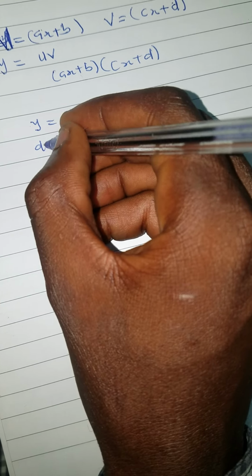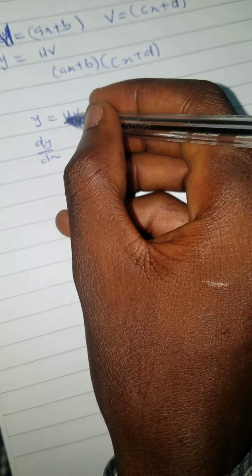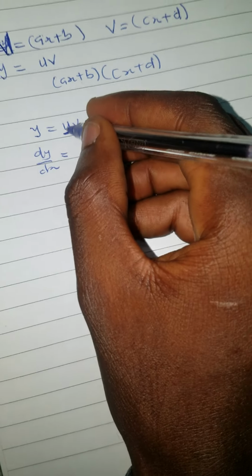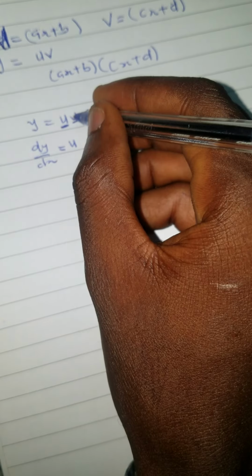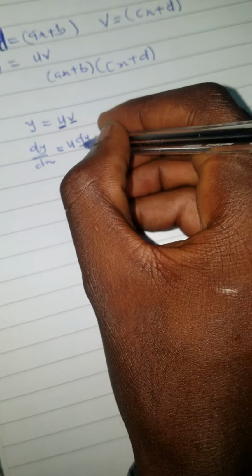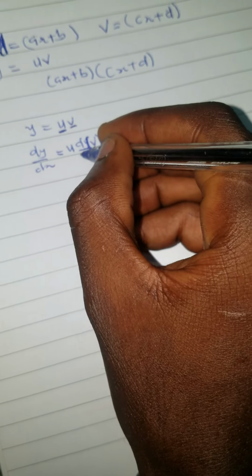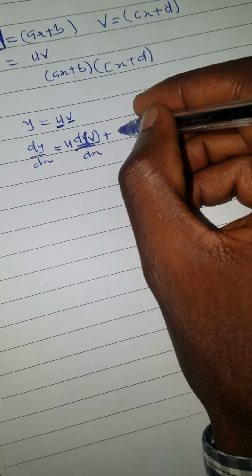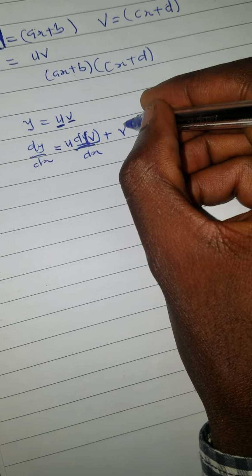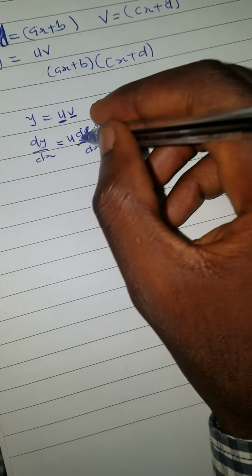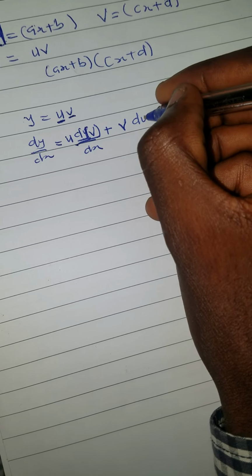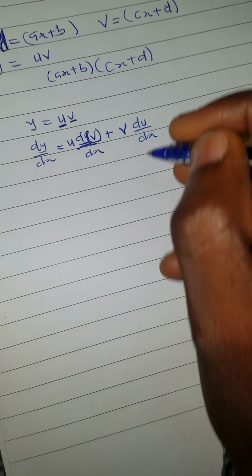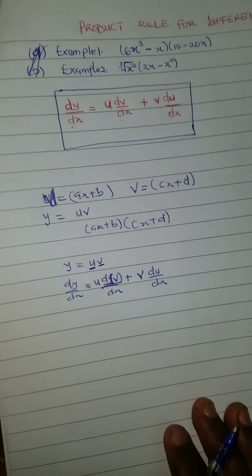So dy/dx is equal to, hold v constant, differentiate u, so it will be v du/dx, plus, hold u constant and differentiate v, so it will be u dv/dx. And that is the differentiation.